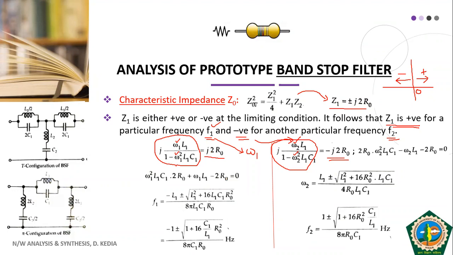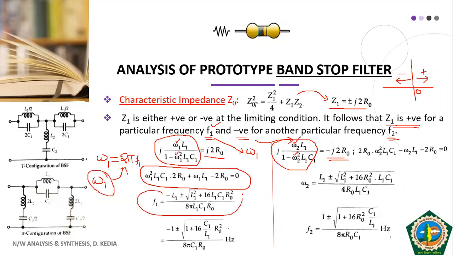If you solve this expression, you will get a quadratic equation in omega 1, and you know that omega 1 is nothing but 2 pi f1. This quadratic equation you can solve and obtain the roots, that is, omega 1. Then you can substitute omega 1 equal to 2 pi f1 and you get this expression.